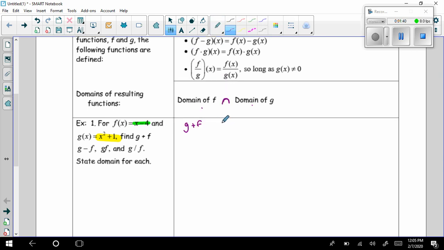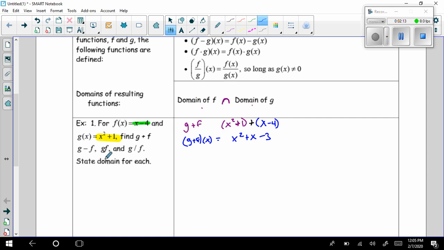So I'm doing x squared plus 1 plus x minus 4. With addition, I don't really need that plus or the parentheses there, so I'm just going to combine my like terms and get x squared plus x minus 3. And so this is g plus f of x.